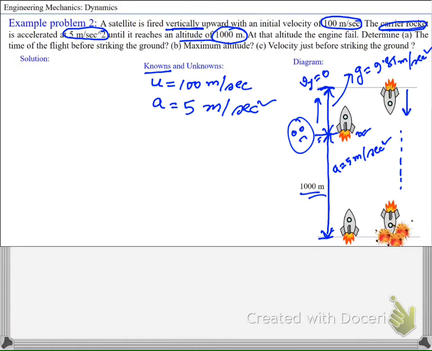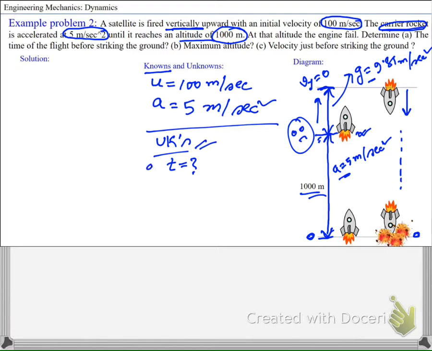So what are the unknowns? It asks us to find the time of the flight. So the time of the flight from the start point here until it hits the ground. So the whole flight with the acceleration and with gravitational acceleration and free fall, everything. So what is the time?